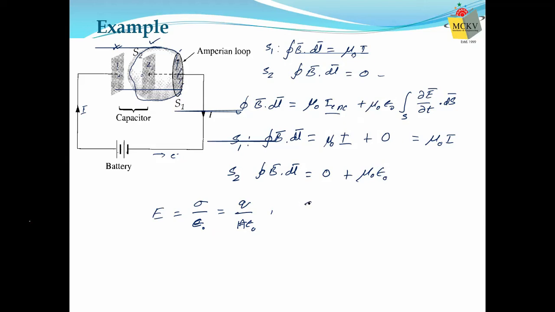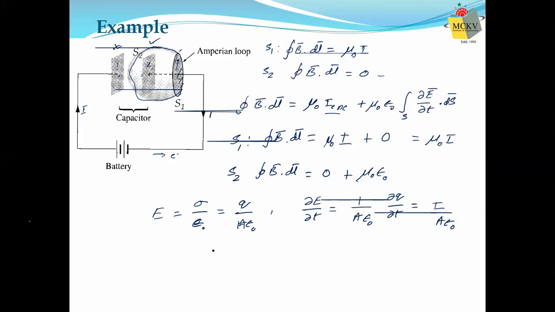Now what we require is del E by del t. So what will be del E by del t? 1 by A epsilon naught is constant. It will be del Q by del t. What is del Q by del t? Rate of change of charge with time, current. This is nothing but current by A epsilon naught.